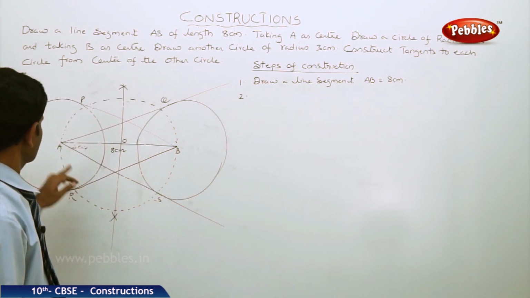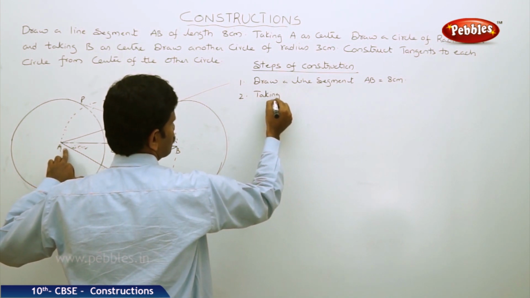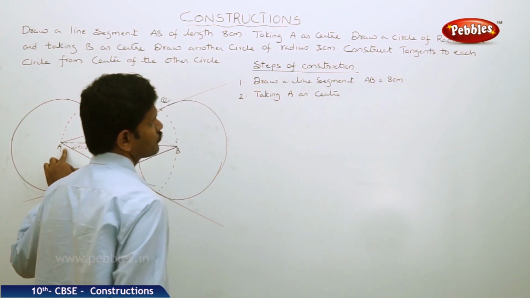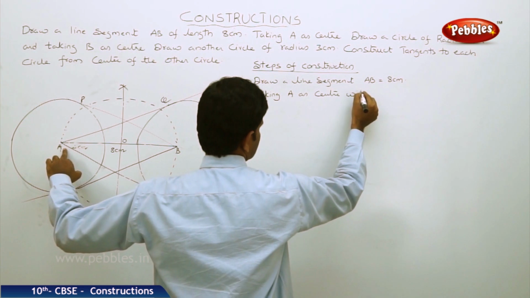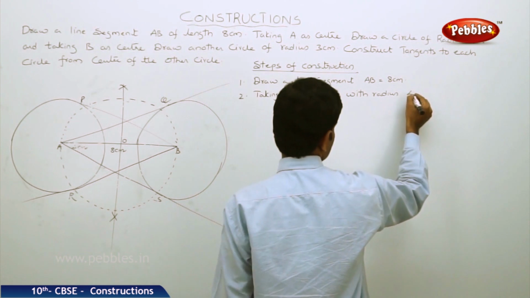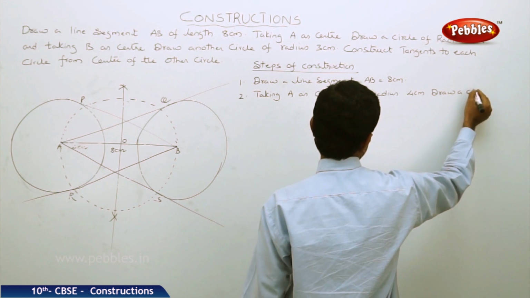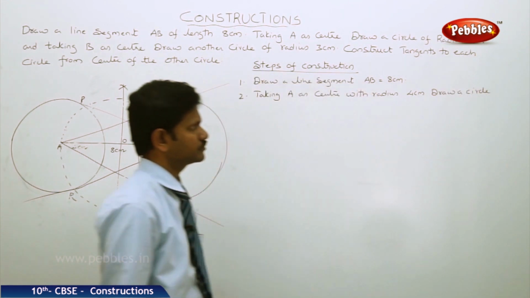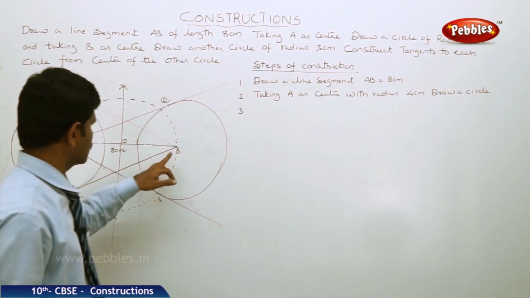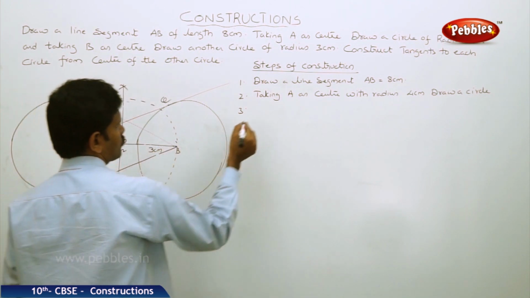Second, taking A as center, with radius 4 centimeters, draw a circle. Point number 3, taking B as center, this is 3 centimeters.